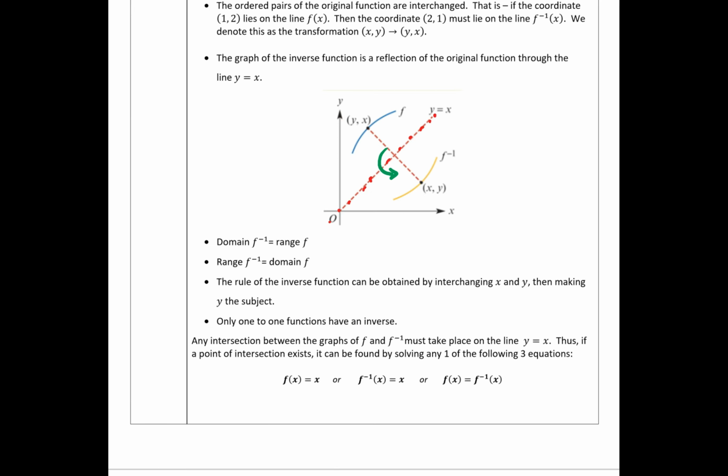Now, there are some very important properties here to consider. As we mentioned, any point that lies on the first line will have its x and y swapped in the second line.